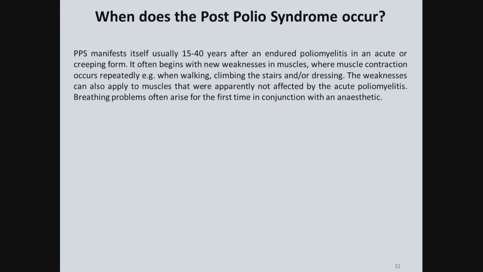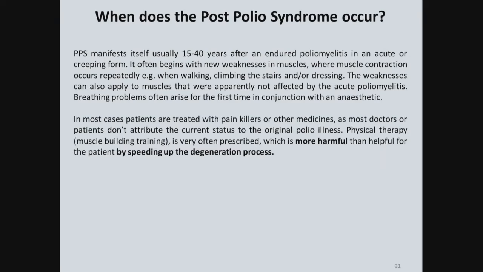Breathing problems often arise for the first time in conjunction with an anesthetic. In most cases, patients are treated with painkillers or other medicines, as most doctors or patients don't attribute the current status to the original polio illness.